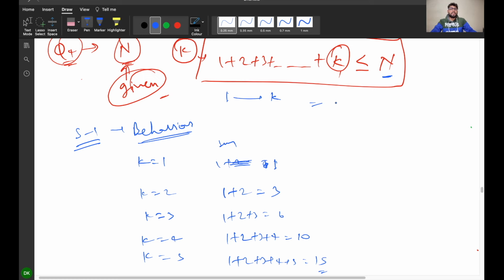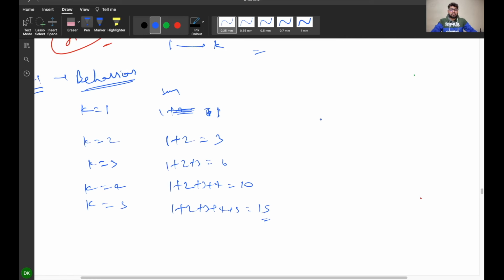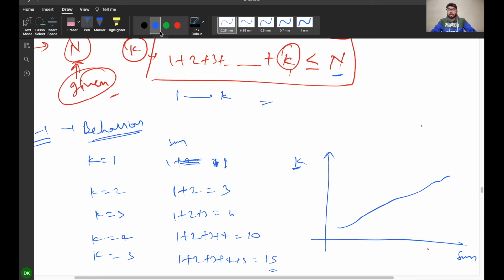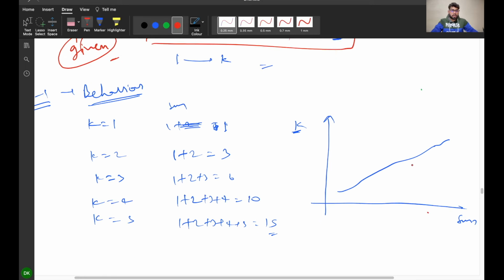Okay, so if I make a graph, this is my k, this is my sum. If I increase my k, my sum is also increasing. Let's say this is my answer n.